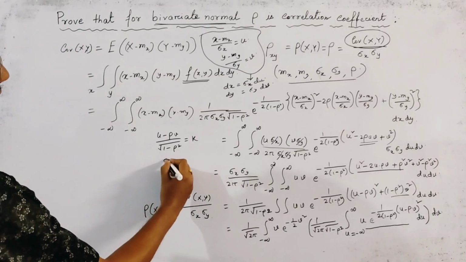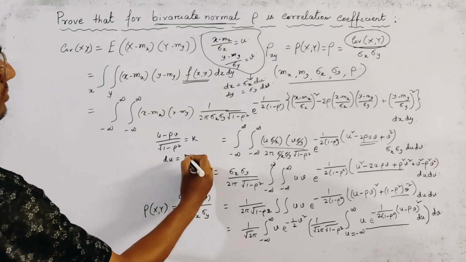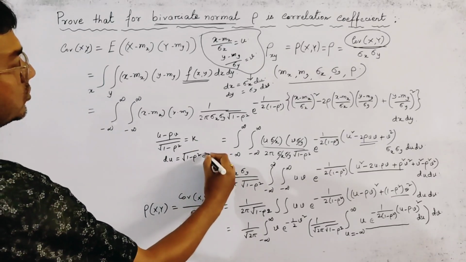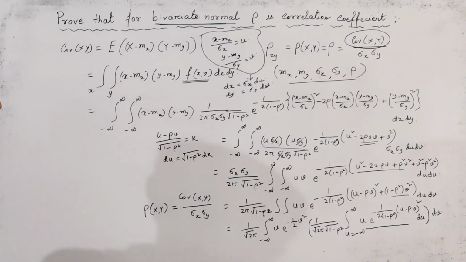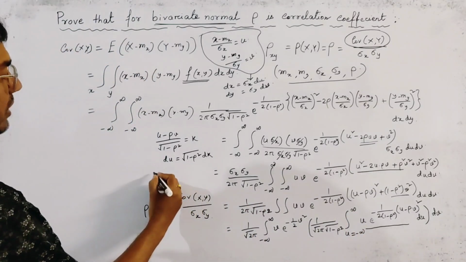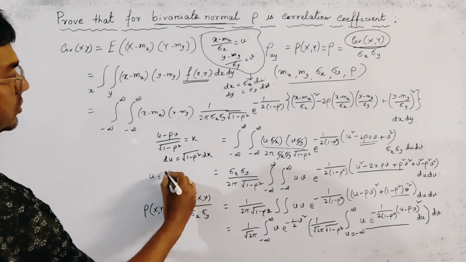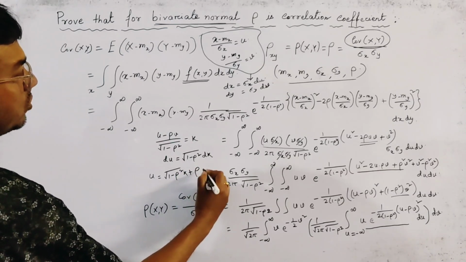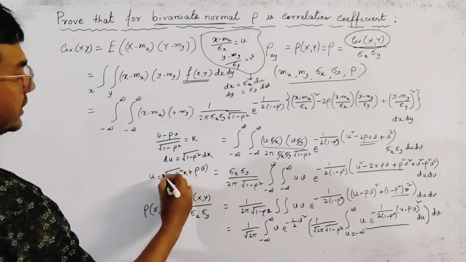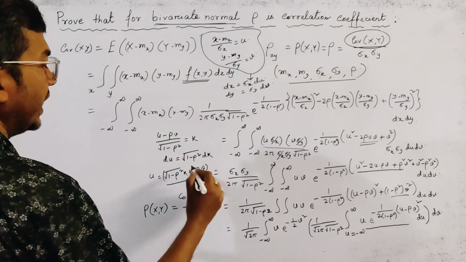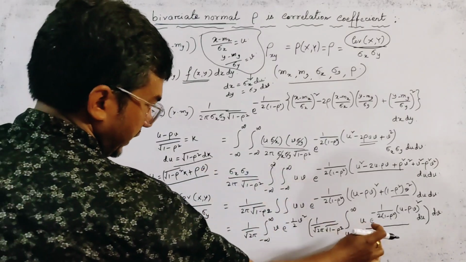And then clearly du is given by root 1 minus rho square into dk, and the value of u is root 1 minus rho square k plus rho into v. Okay, so we put the value of u and the value of du here.